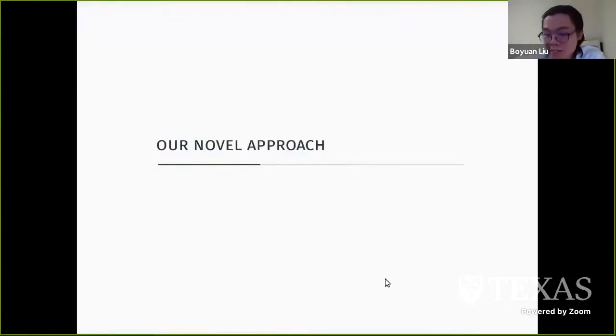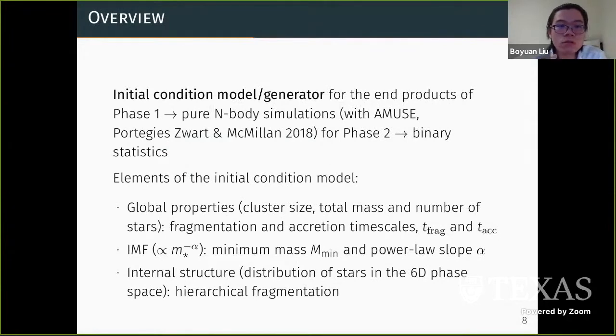So in light of this, we designed a new model to establish the link between phase 1 and phase 2. With this model, we can explore the dynamical evolution of Pop III clusters and also derive the binary statistics. Here is an overview of our approach. First, we generate initial conditions as the end products of phase 1 for such newly born Pop III clusters.